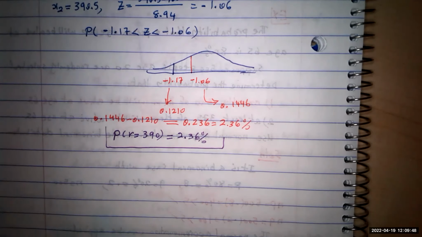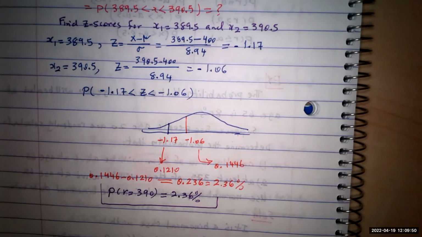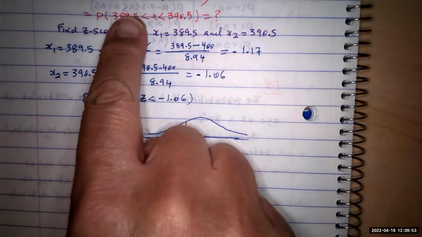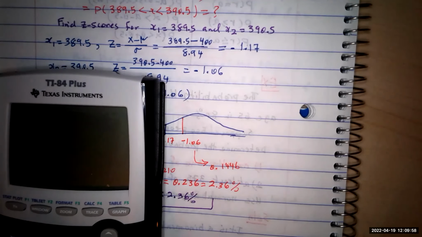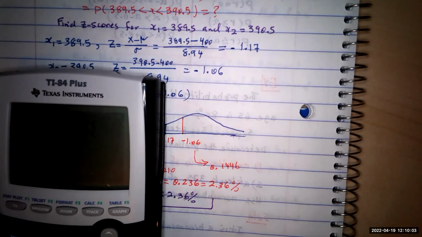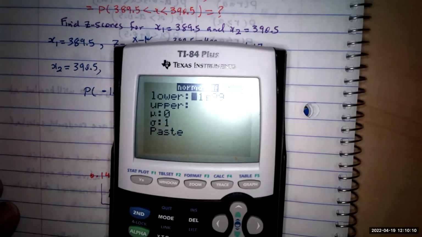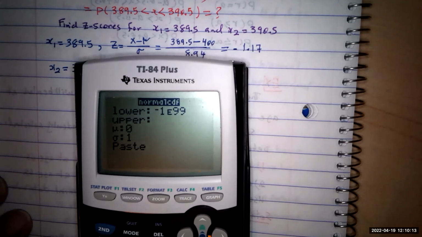If you want to use your calculator, you have to do the correction for continuity, and you know that. Then you can bring the idea that we talked about. Go to the normal CDF. The lower area is 389.5.